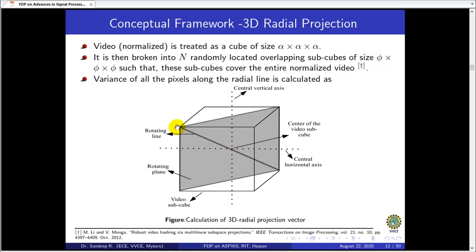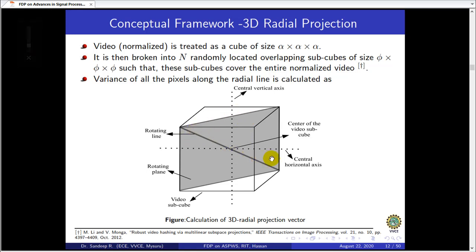We rotate this line by 180 degrees in steps of 1 degree such that it covers the entire plane. That means I am trying to cover all the luminance components lying on this plane by rotating the radial lines. Similarly, I rotate this plane in steps of 1 degree up to 180 degrees such that it covers the entire subcube.